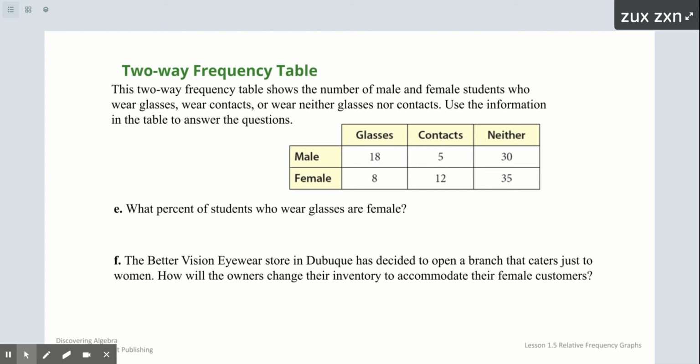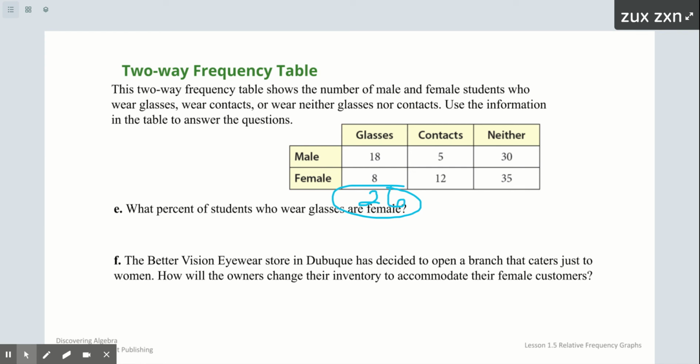What percent of students who wear glasses are female? So here, the number of students who wear glasses, we need this total, right? That would be here. So 8 plus 18 is going to be 26.